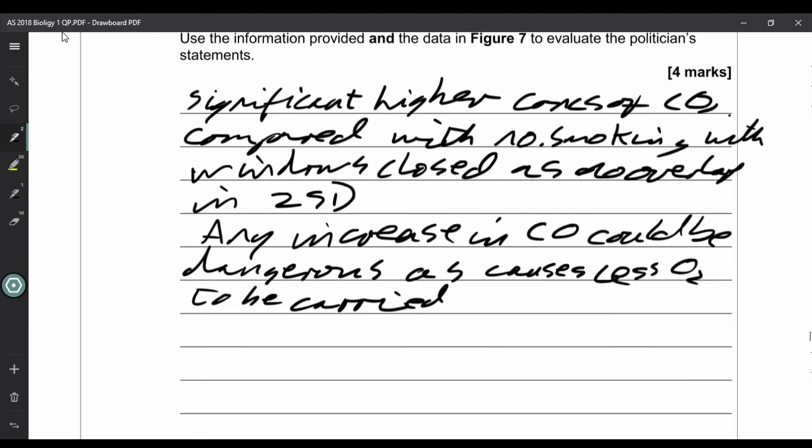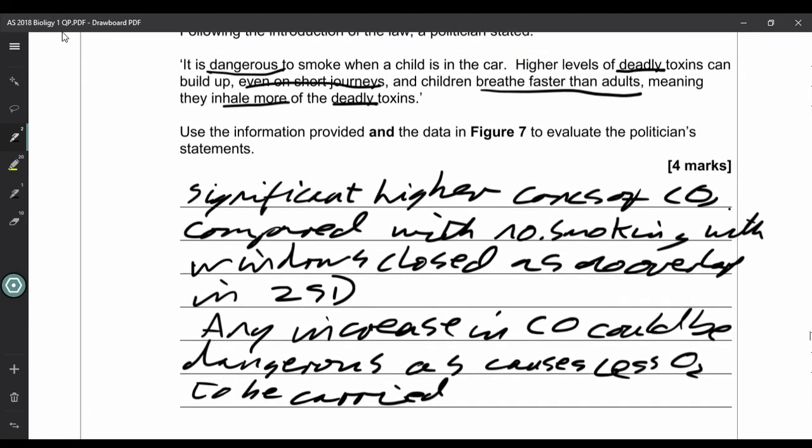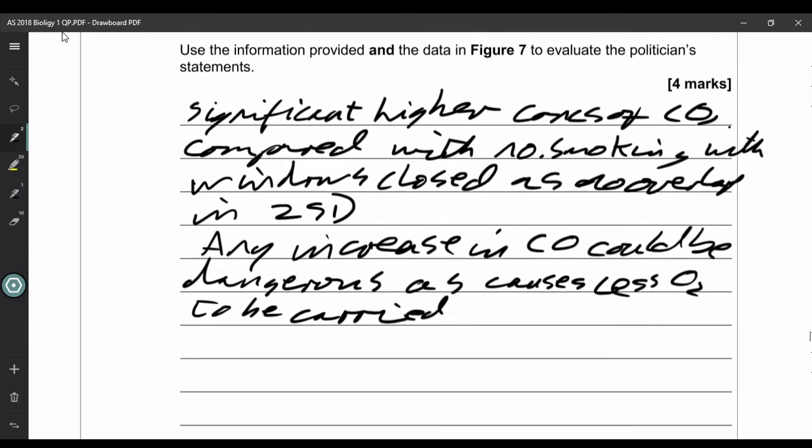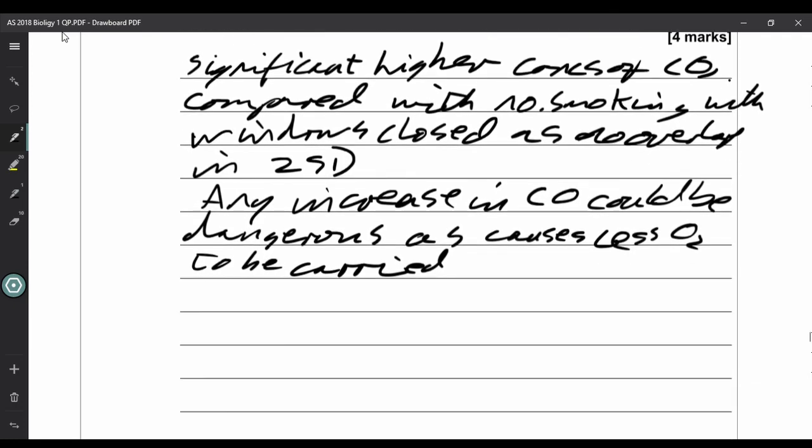The politicians also said that the deadly toxins can be built up even on short journeys. Now we saw that there was that significant higher level just after 5 minutes. So that backs up the comment about short journeys.